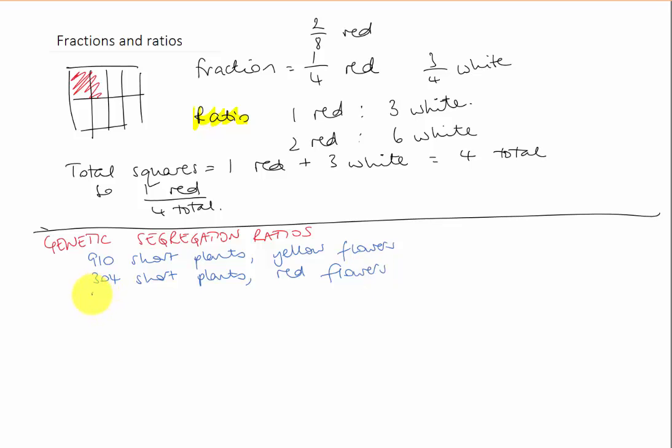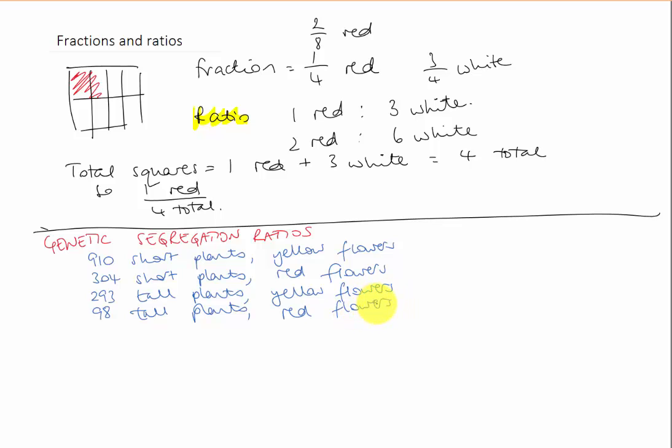There are 293 tall plants with yellow flowers. And there are 98 tall plants with red flowers.